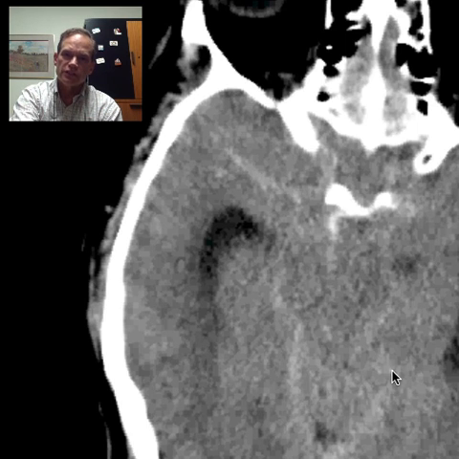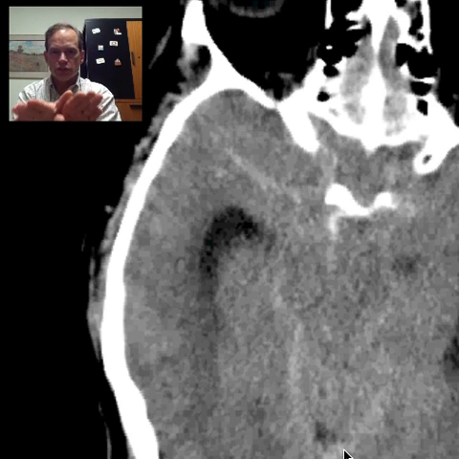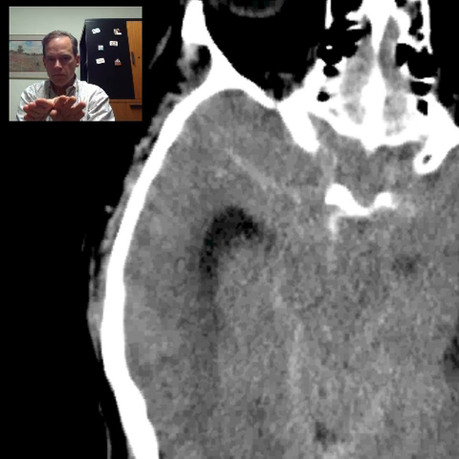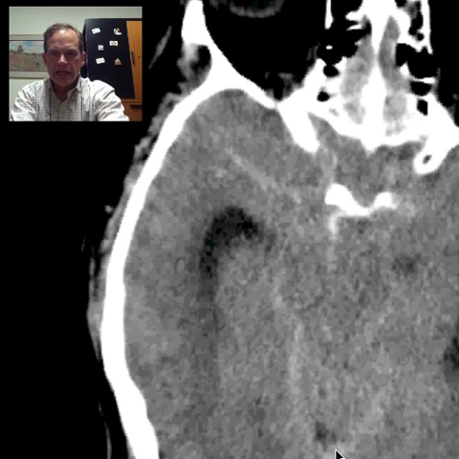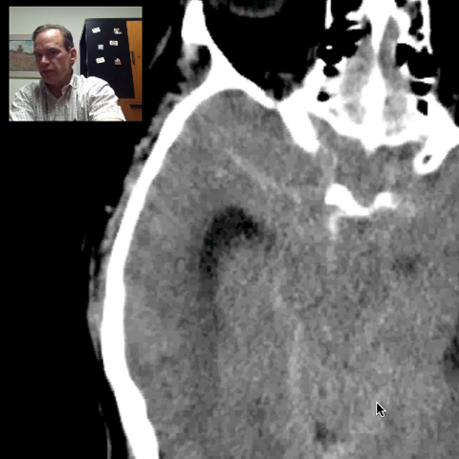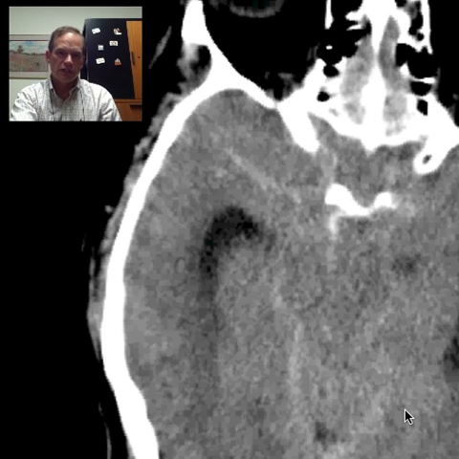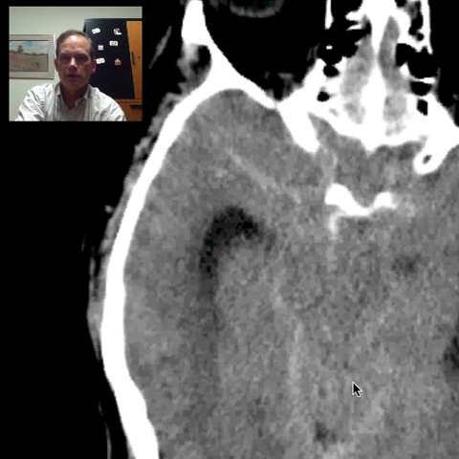This tentorial incisura is an edge of dura, and it's the brain above that is just sitting upon it. But if it is to herniate downward, which actually is happening here, then that's called transtentorial herniation.